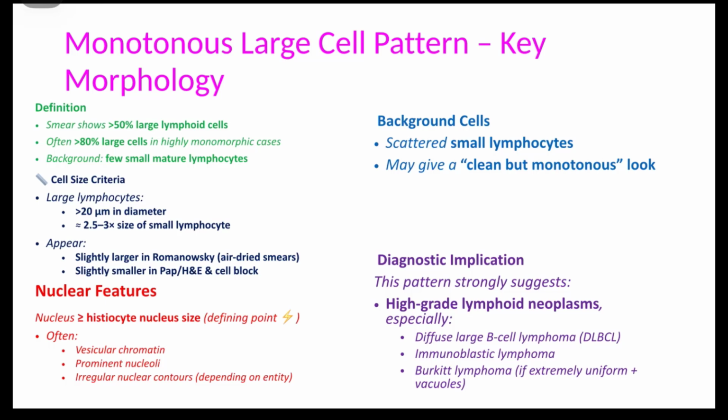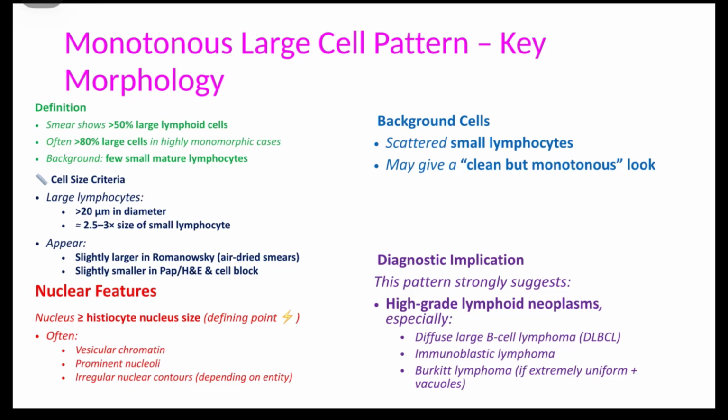Large lymphocytes are more than 20 micrometer in diameter, approximately 3 times the size of a small lymphocyte, and appear slightly larger in Romanovsky or Giemsa smears and slightly smaller in PAP or H&E and cell block.